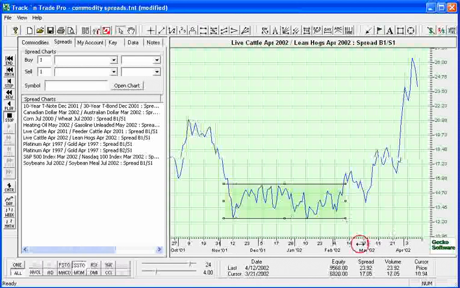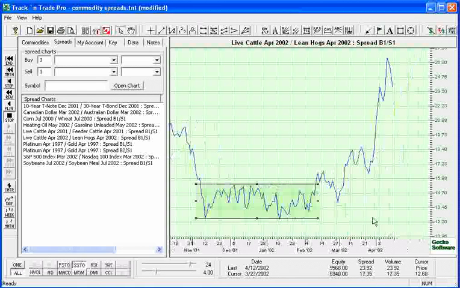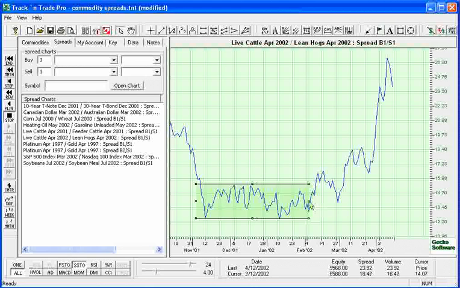And this is almost straight out of Edwards and McGee or other track and trade videos. You see the upside breakout above resistance. You go back, you test the 50%, the halfway point of the trading range, or the 50% retracement level of that trading range. Then you continue on, and you do the same thing. You have another retracement back to the 50%.